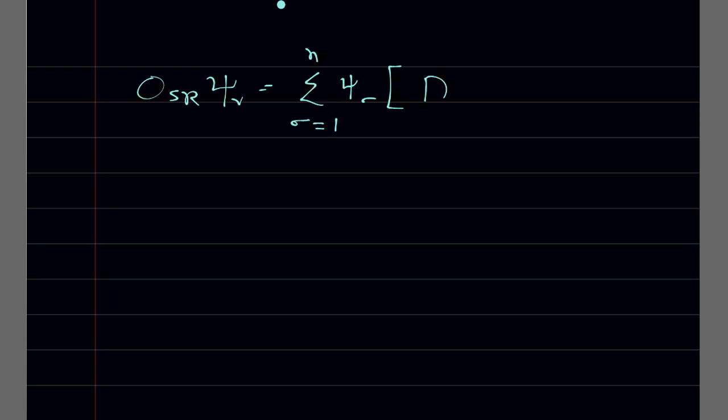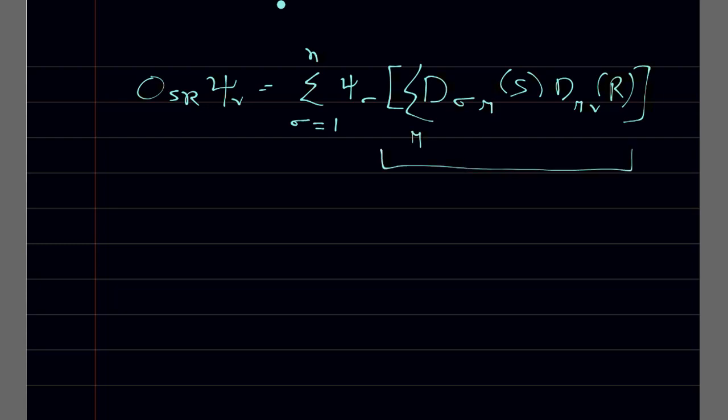I'm dropping the summation for D mu nu of S and D mu nu of R. So sigma mu and mu nu, and there is a summation with respect to mu. And I said that this is nothing but your matrix multiplication, and named it D sigma nu. Now what do you see?